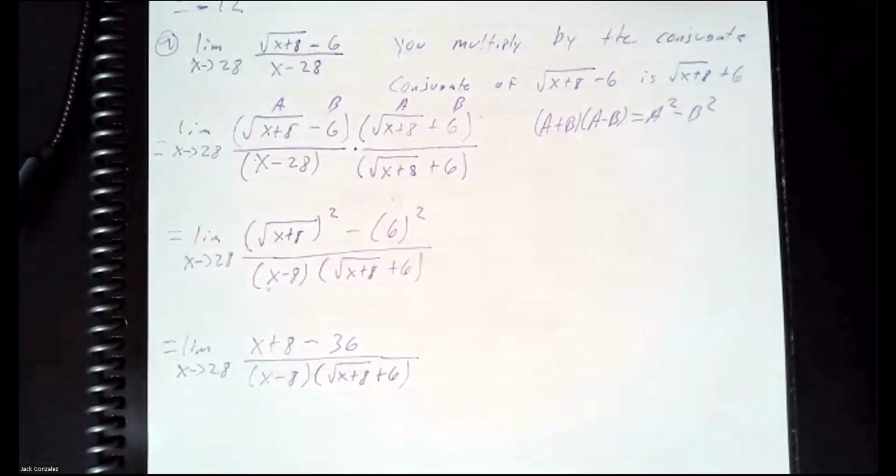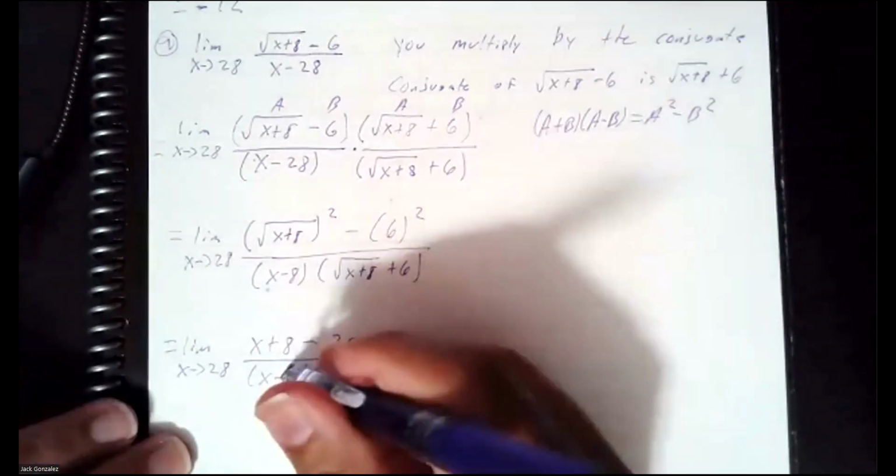What is 8 minus 36? Let me double check. Oops, I made a mistake. Do you see it? Yeah. The 2 disappeared, right? Yeah. Sorry about that.